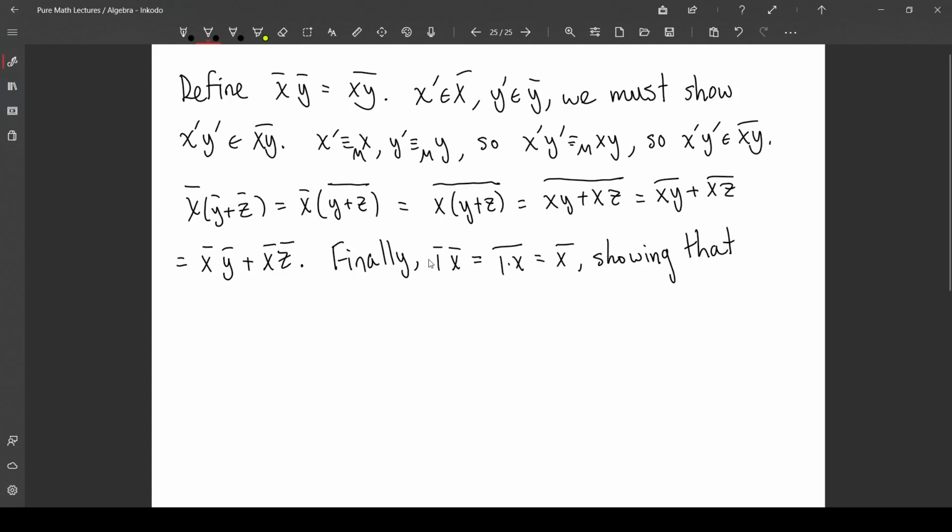We're missing some steps, but they're just simple calculations of the same type. We would multiply on the right as well. So this shows that 1 bar is a multiplicative identity. Thus, our R bar has a ring structure.